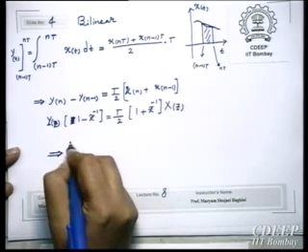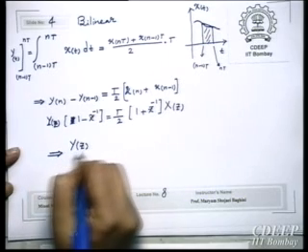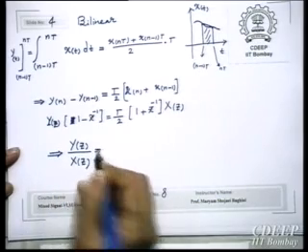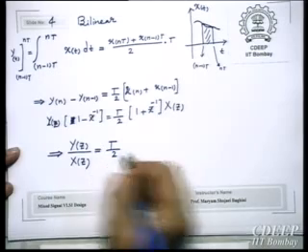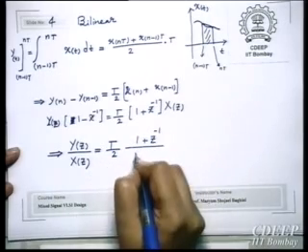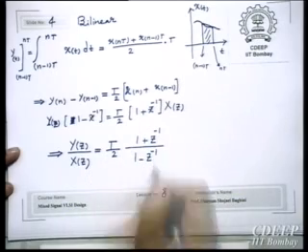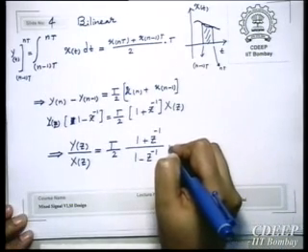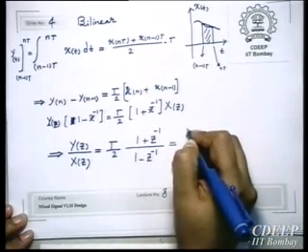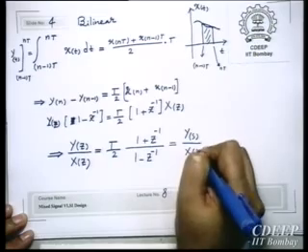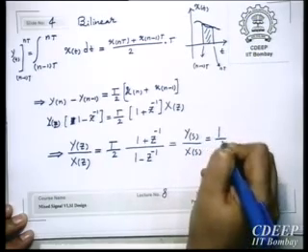Therefore, the transfer function of the integrator for the bilinear approximation will be this. And again, similar to what we had, we want to make this equal to Y(s) upon X(s), which was 1 upon s.